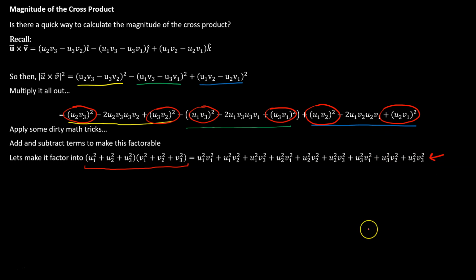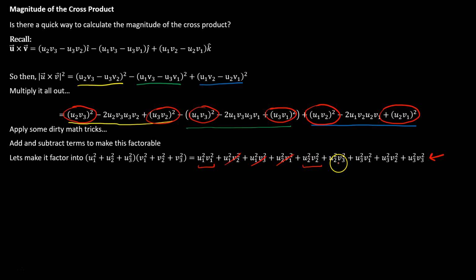So let's think about which ones are missing. I don't see u1 squared v1 squared, so that's one of the terms that we need to add and subtract. I do see a u1 squared v2 squared. That's right here. So we already have that. I'm going to cross it off. u1 squared v3 squared. We have that here. So I'll cross that one off. u2 squared v1 squared. That's over here. Oh, I'm crossing them off down here. u2 squared v2 squared. I don't see that one.